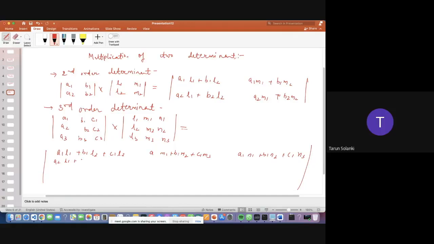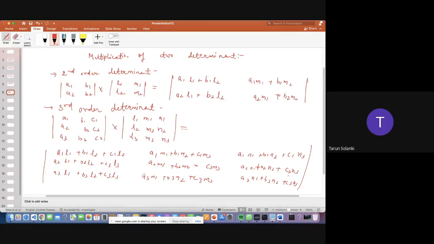then a2 l1 plus b2 l2 plus c2 l3, then a2 m1 plus b2 m2 plus c2 m3, then a2 n1 plus b2 n2 plus c2 n3, again a3 l1 plus b3 l2 plus c3 l3, then a3 m1 plus b3 m2 plus c3 m3, again a3 n1 plus b3 n2 plus c3 n3.